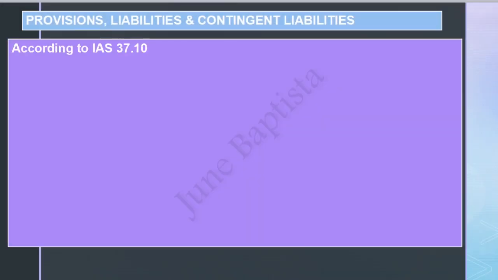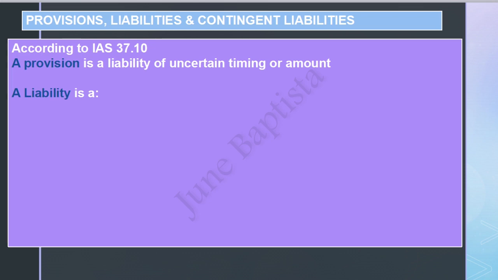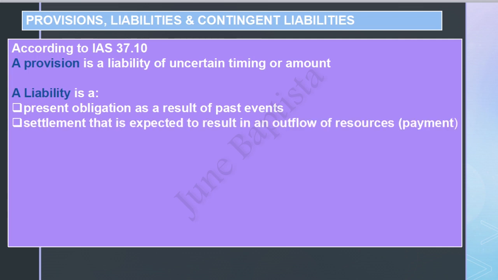Let us now examine the differences between provisions, liabilities, and contingent liabilities. According to IAS 37.10, a provision is a liability of uncertain timing or amount. A liability is a present obligation as a result of past events or a settlement that is expected to result in an outflow of resources or payment.